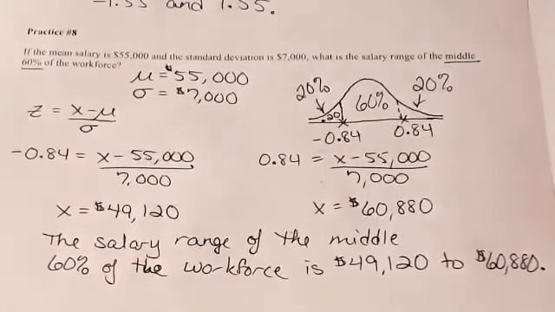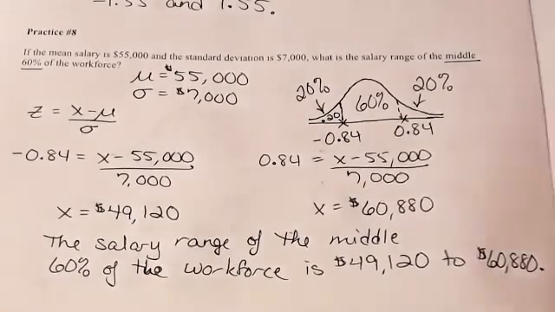With only 2 minutes left, I feel very confident that you can complete the very last section of this. If we turn the page, there's only one more practice problem, and that is to determine the salary that separates the bottom 2.5% and the salary that separates the top 2.5%.